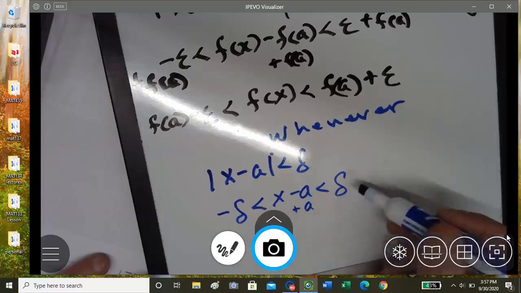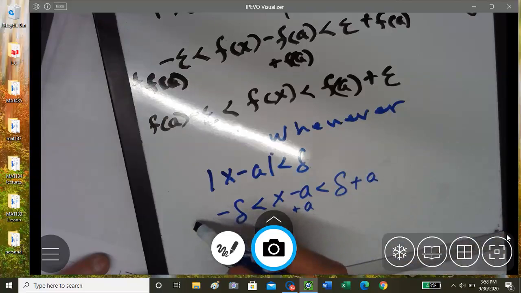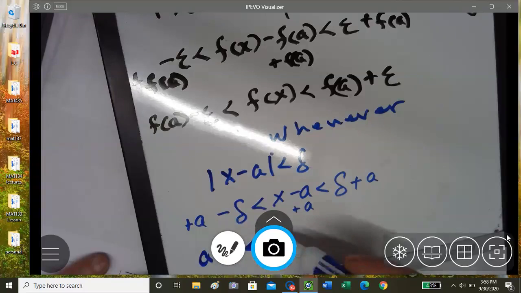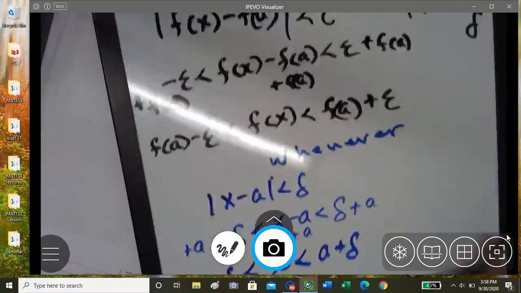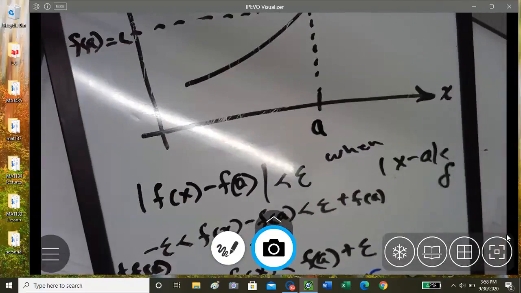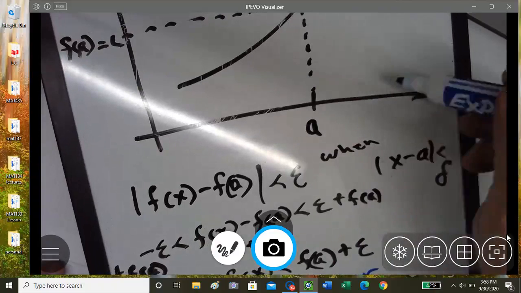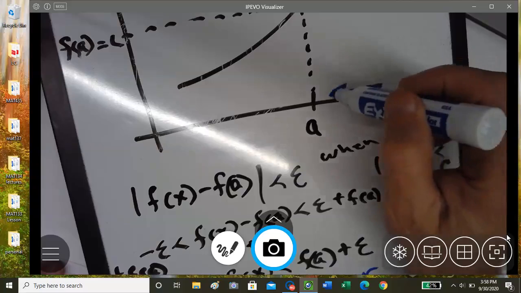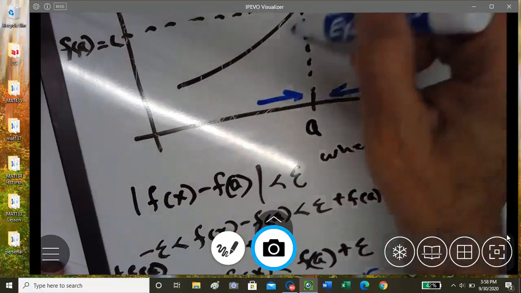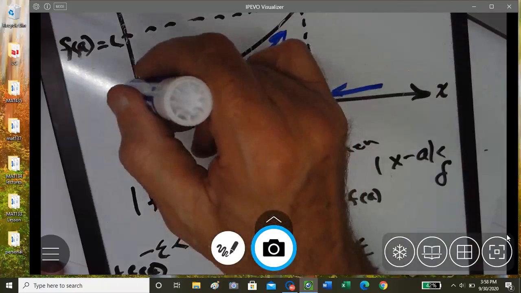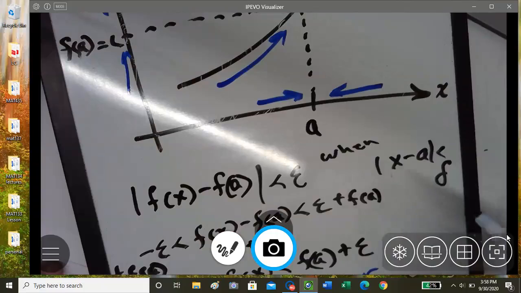If we add A, we get A minus delta is less than x, which is less than A plus delta. Well, what does all that mean? What we're saying is that as we approach A from the left or from the right, we're getting closer and closer to our limit from either side.